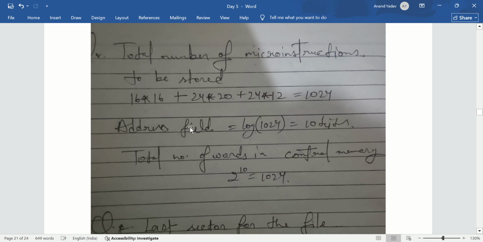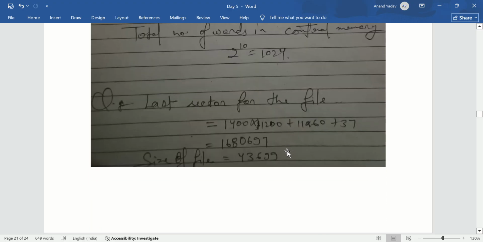Now the total number of words in control memory is 2 raised to power 10, which is 1024. In this way I solve this question.